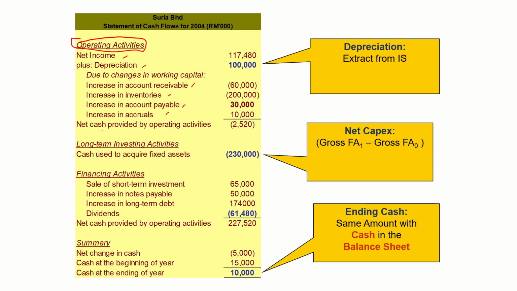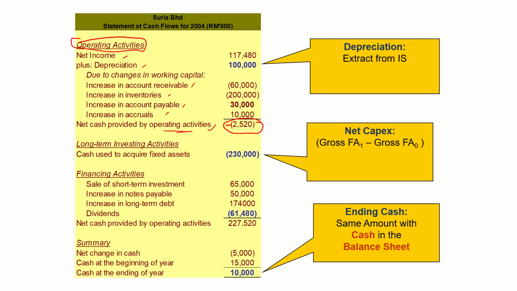We get the net cash provided by operating activities, which means the company uses cash, as the net cash is negative for operating activities.